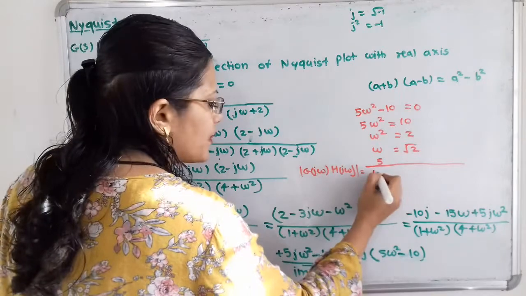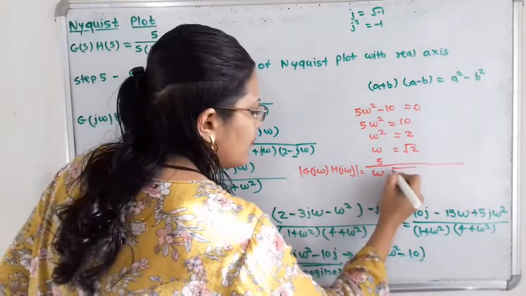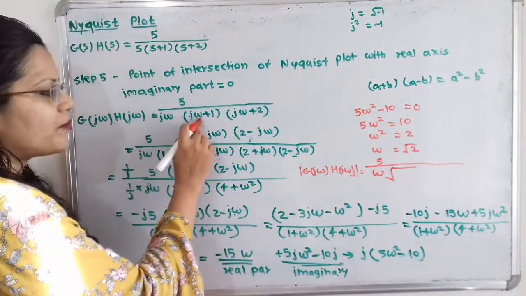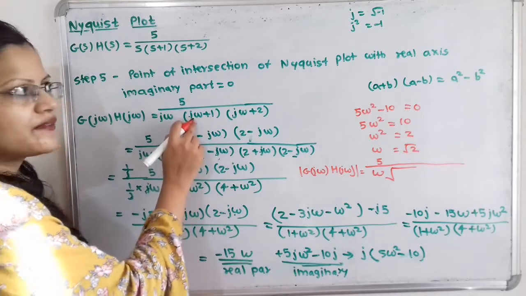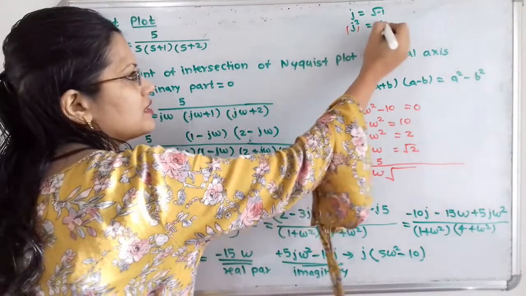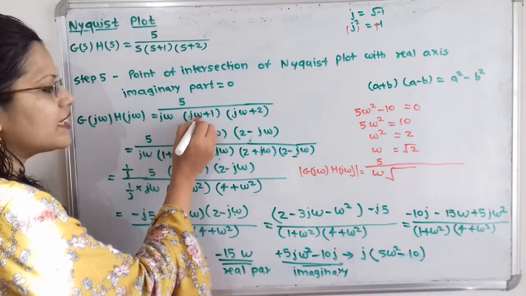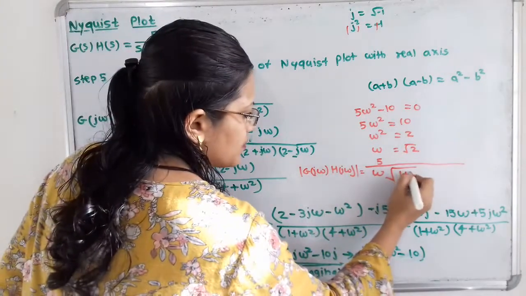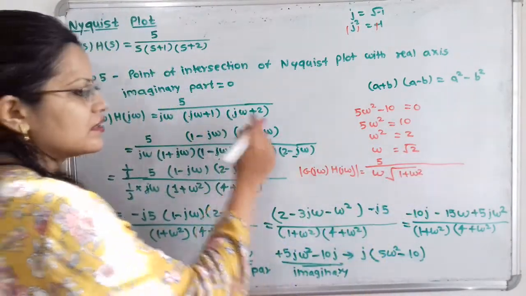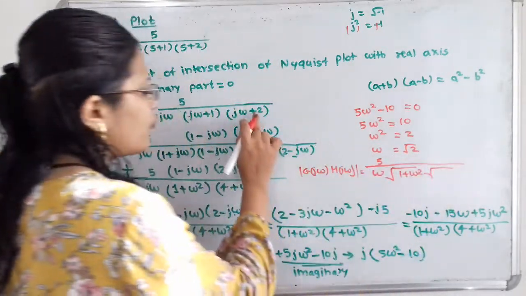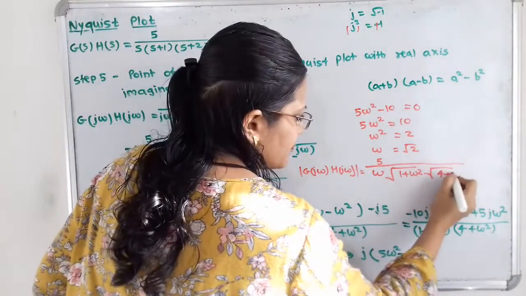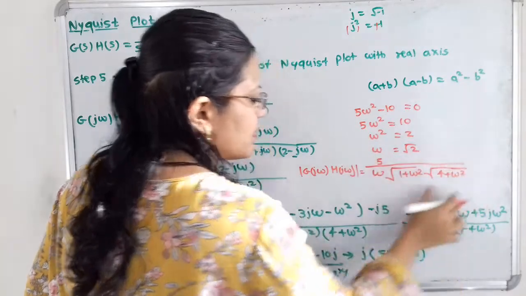So here is omega, then under root of j square omega square plus 1. If I take modulus, it will become plus 1. So here 1 plus omega square, and here under root of 4 plus omega square. So this was our magnitude.